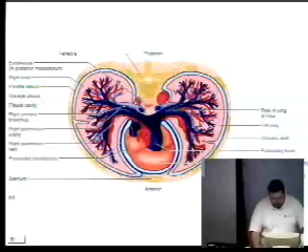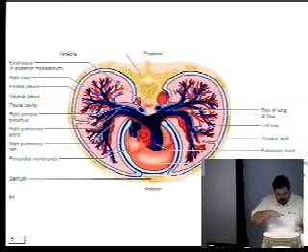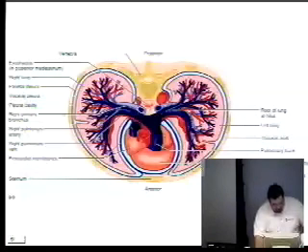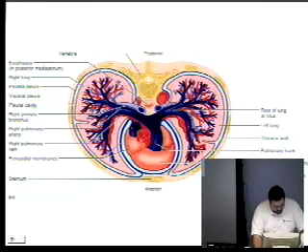Okay, so here we have, again, another cross-sectional plane. This one is, again, below the bifurcation, and here we have the two bronchi. These are in the adult, by the way. You have the lung structure in pink.